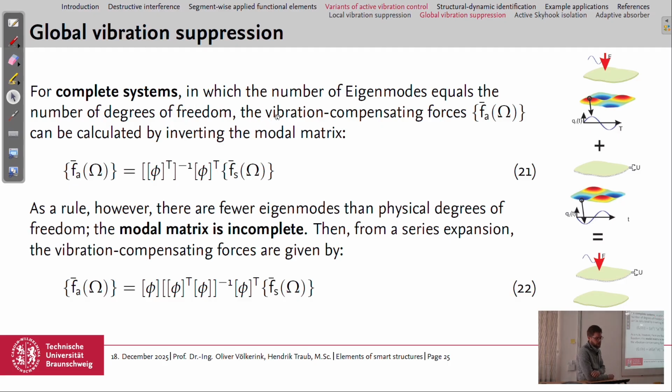In real applications, we don't have complete systems because we have infinite degrees of freedom, and therefore the modal matrix is incomplete, and then we can help ourselves with a series expansion for calculating the vibration compensating forces. If we use a finite element model instead of a real structure, then we would have a finite number of degrees of freedom. Then we could also use this.